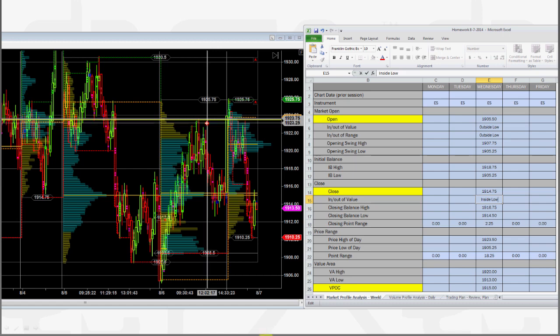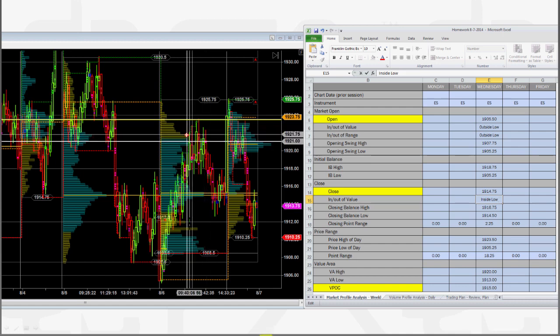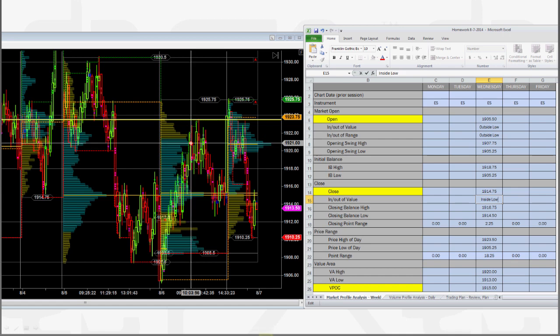So if buyers had conviction, meaning they expected price to continue to see value higher, there is a high probability that we would have closed somewhere around this high volume area yesterday, not all the way back down at VPOC.